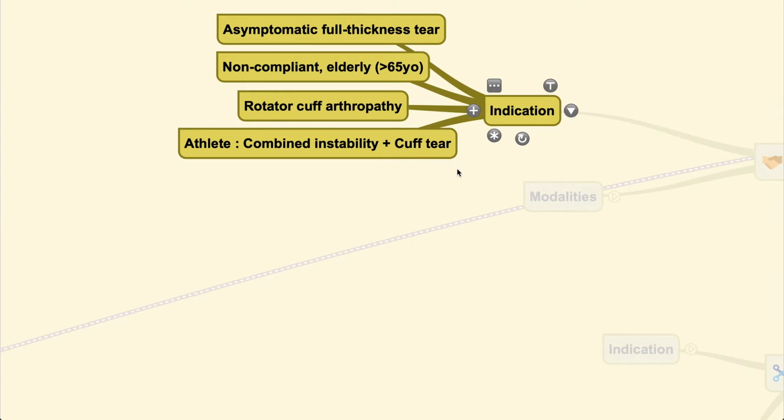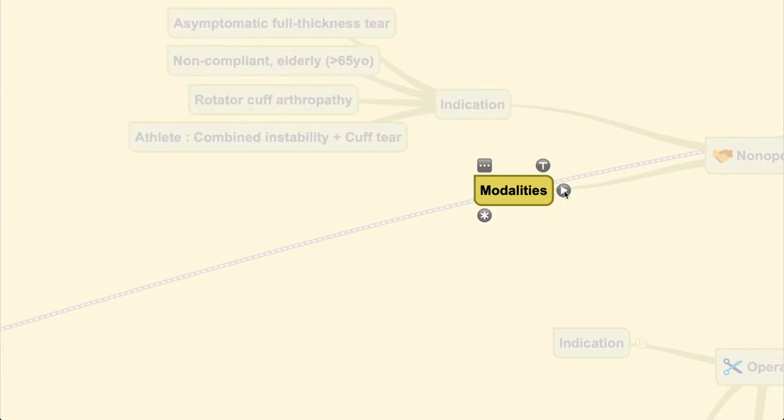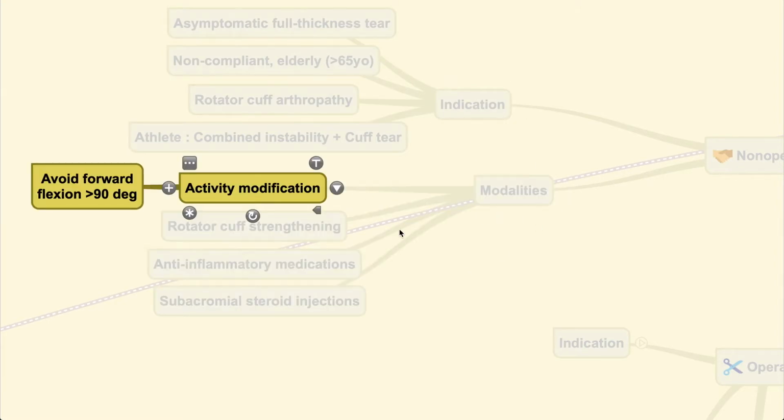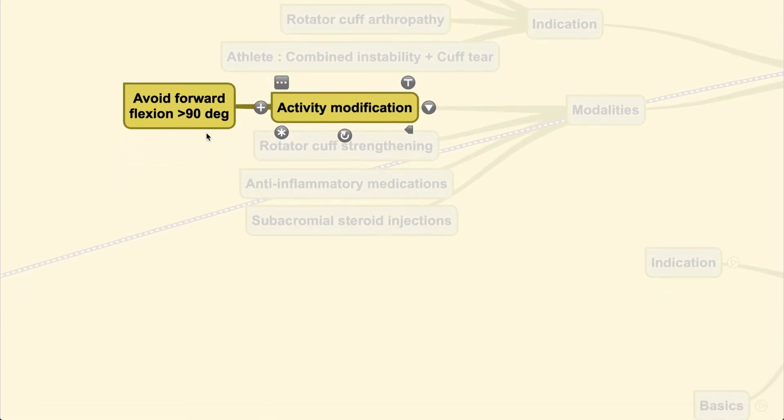Rotator cuff tear is also managed non-operatively in the athlete population if there are any signs of combined instability and cuff tear. The modalities vary, but they usually include activity modification. We generally advise our patient to avoid forward flexion to more than 90 degrees, because in this position it will impinge the tendons even more.